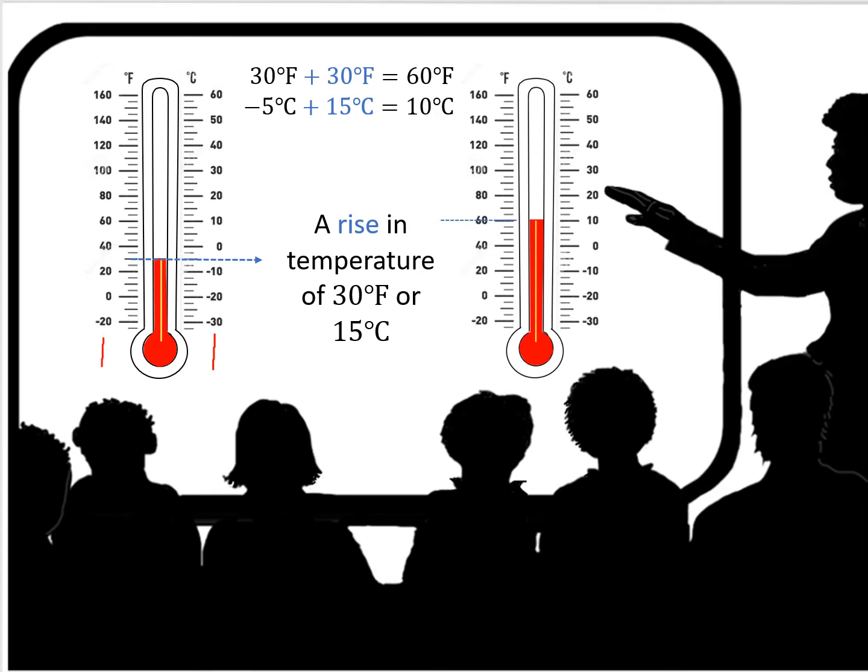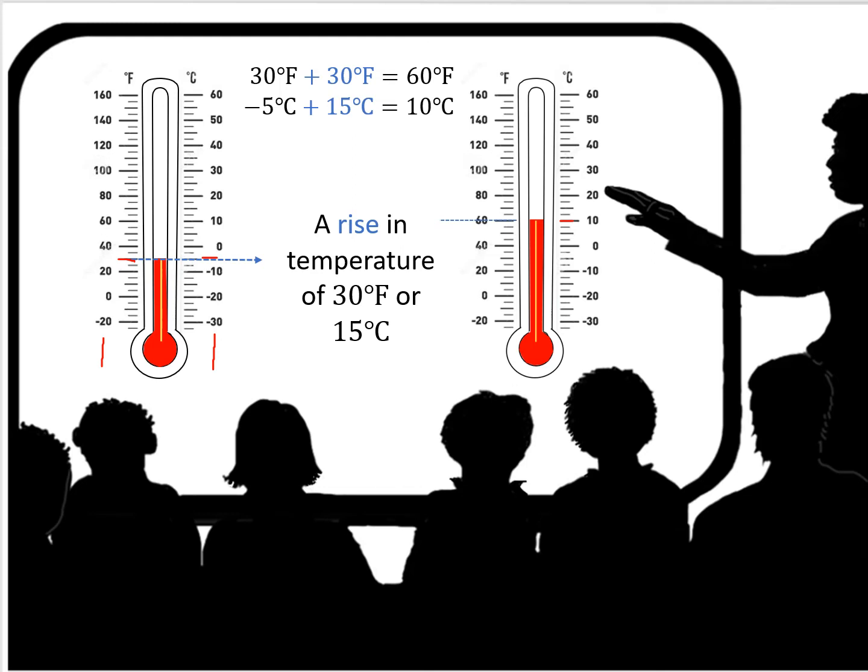As you can see by looking at the thermometer, it goes from 30 here to 60, so there's your rise of 30 degrees Fahrenheit. If you look at the Celsius scale, you can see that this is -5 right here, and it is now at 10. So -5 degrees Celsius plus 15 degrees Celsius equals 10 degrees Celsius.